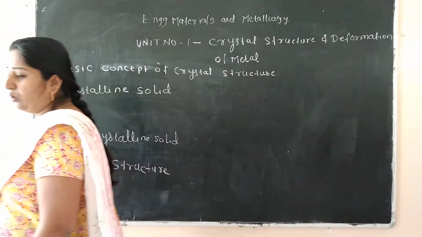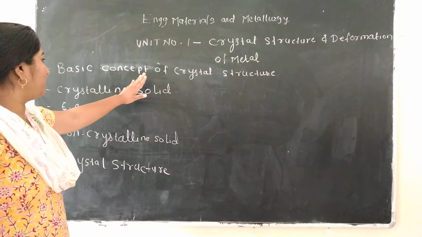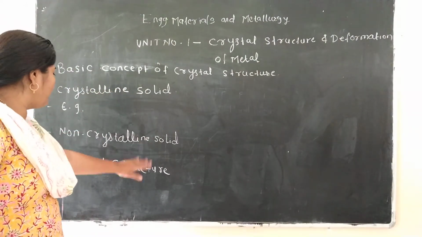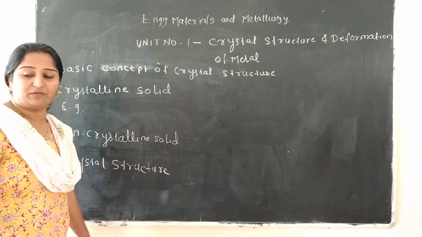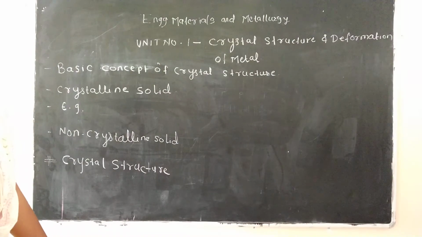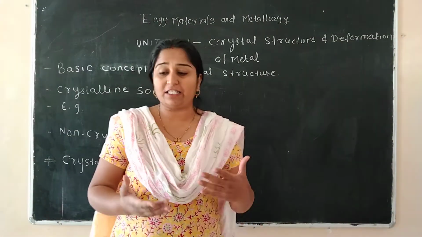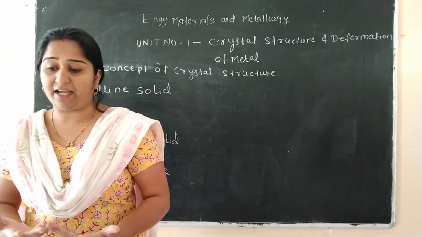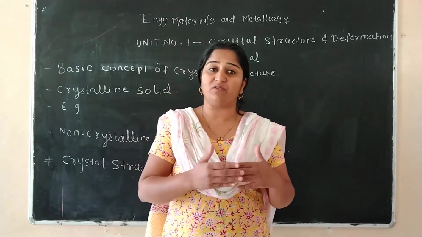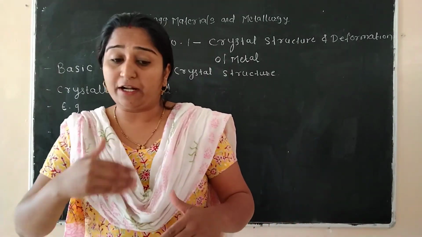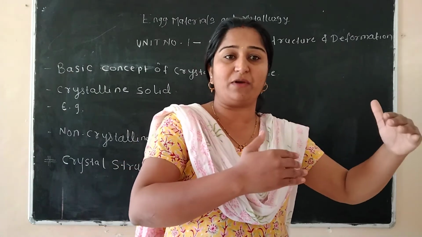Now we go through the concept of crystalline solid and non-crystalline solid. What exactly is crystal structure is what we are going to study now. If we go through the definition, crystal structure is defined as when many unit cells of atoms are arranged and repeated in the same manner and the same dimensions.